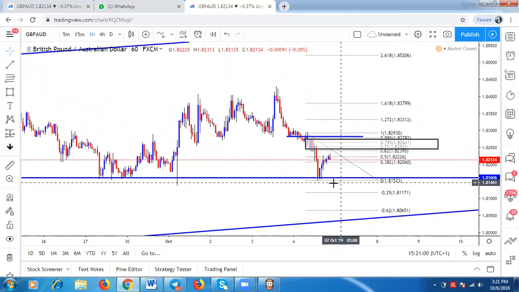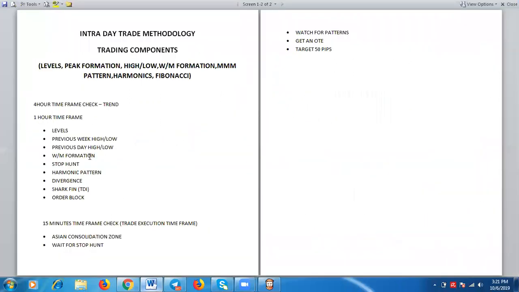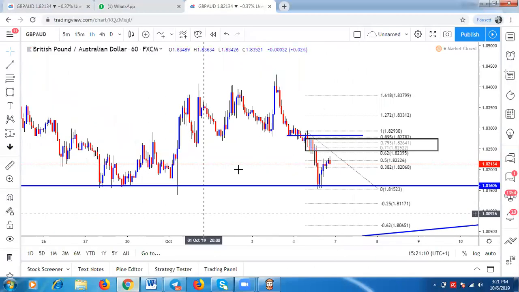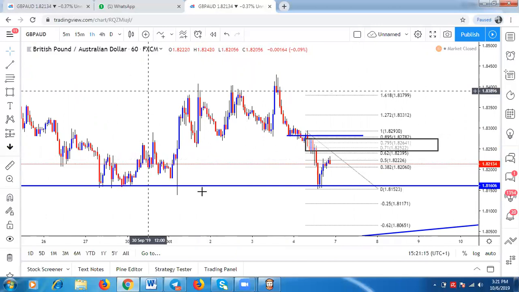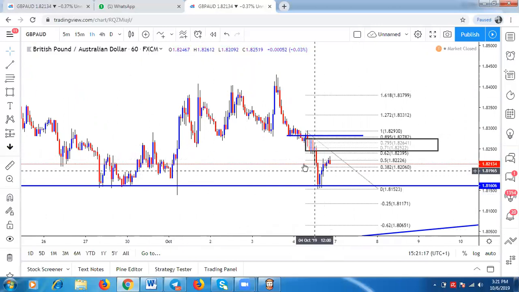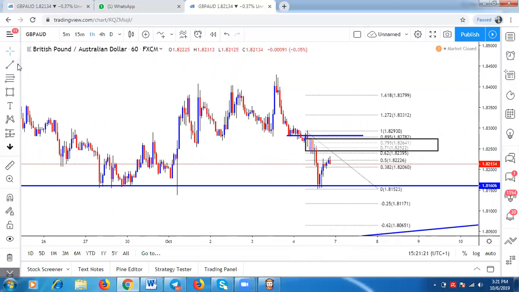Okay, so I'm marking out the order blocks. I already found one order block here. So now the next thing, what are we looking out for? Previous day high and low. So this is the previous day high.